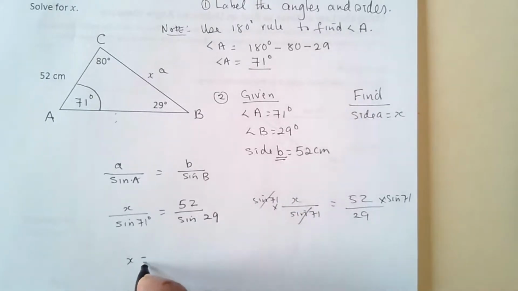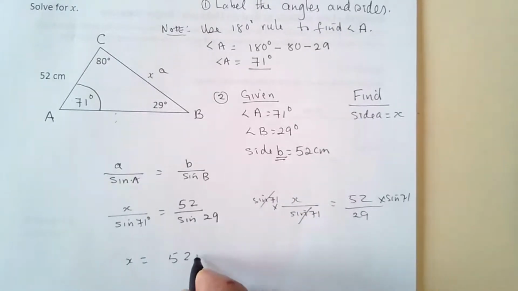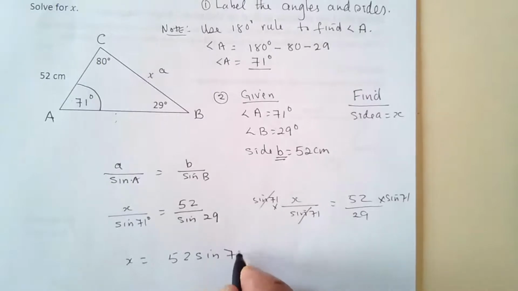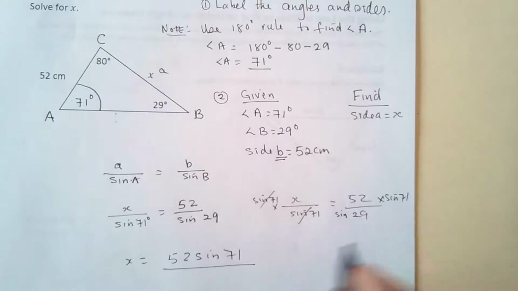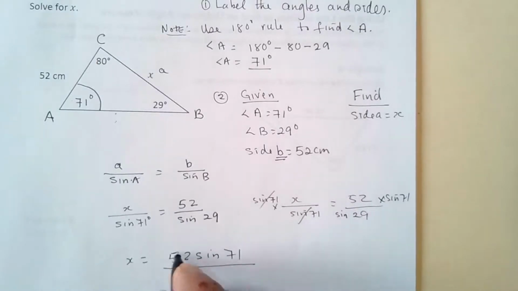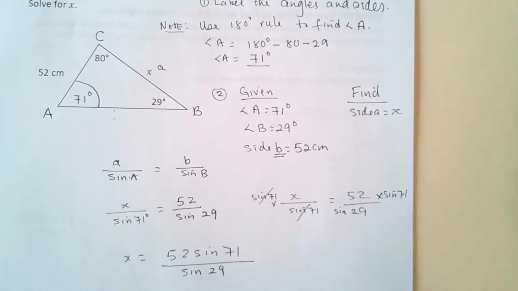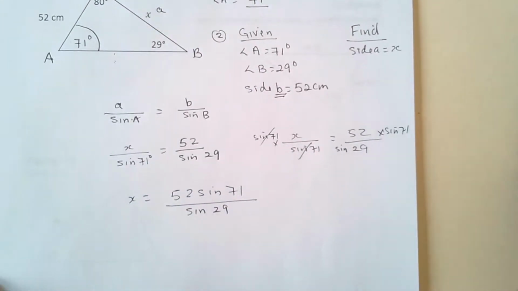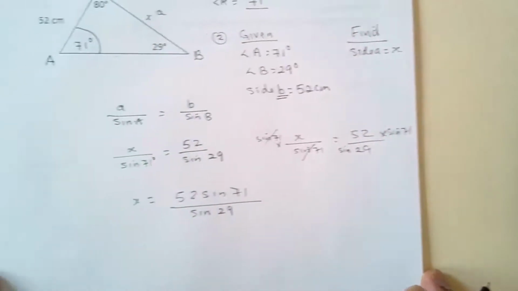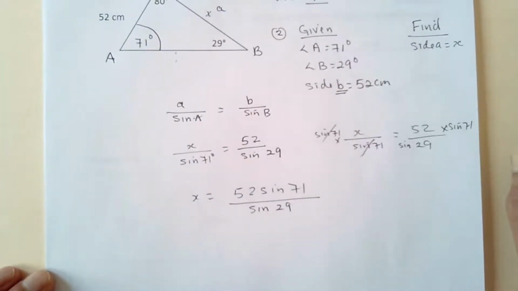So we have X is equal to 52 sine 71 divided by, should be sine here, sine 29. Then we go to our trusted calculator, because we can't do this without our trusted calculator.